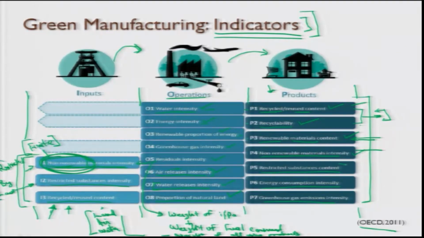Restricted substance content is in the product; earlier we had it in the inputs. These are again the restricted substances in the product which are restricted by law. There are legalities involved in this. Then energy consumption intensity is operational energy. For example, we have starred equipment, air conditioners.